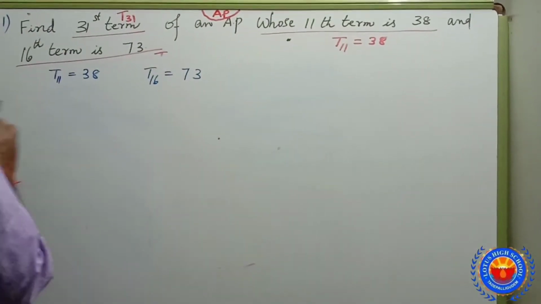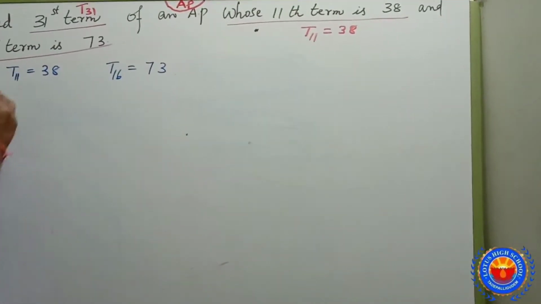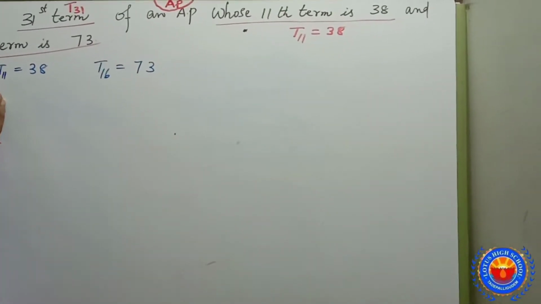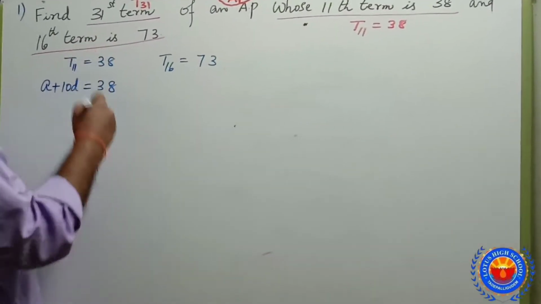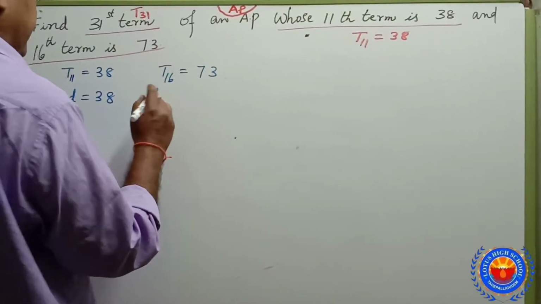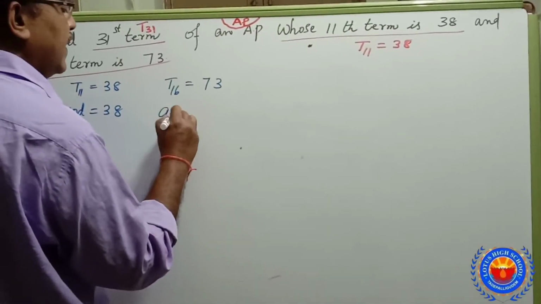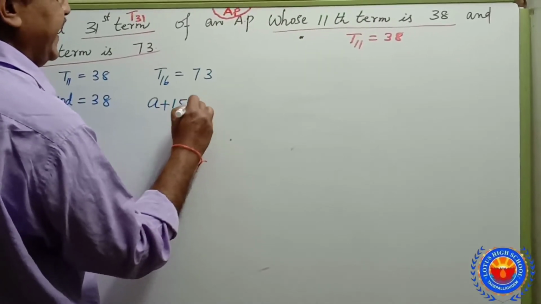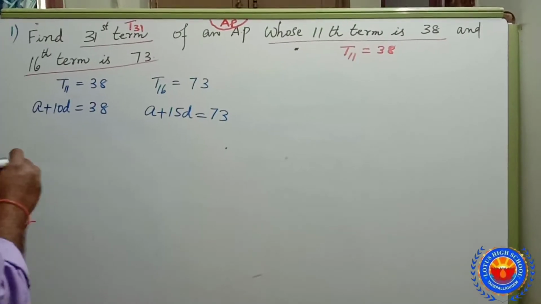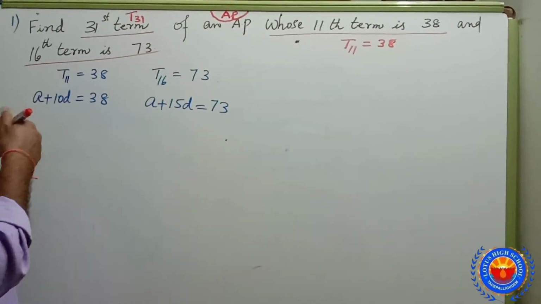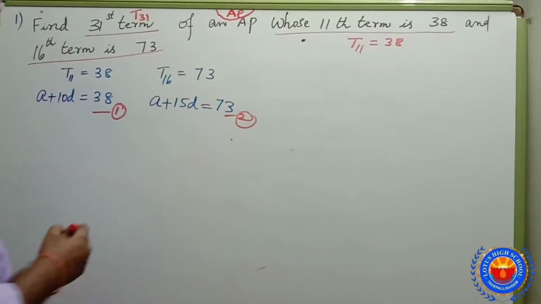The 11th term is a plus 10d is equal to 38. The 16th term, a plus 15d is equal to 73, by using the general form. This is equation 1. This is equation 2.